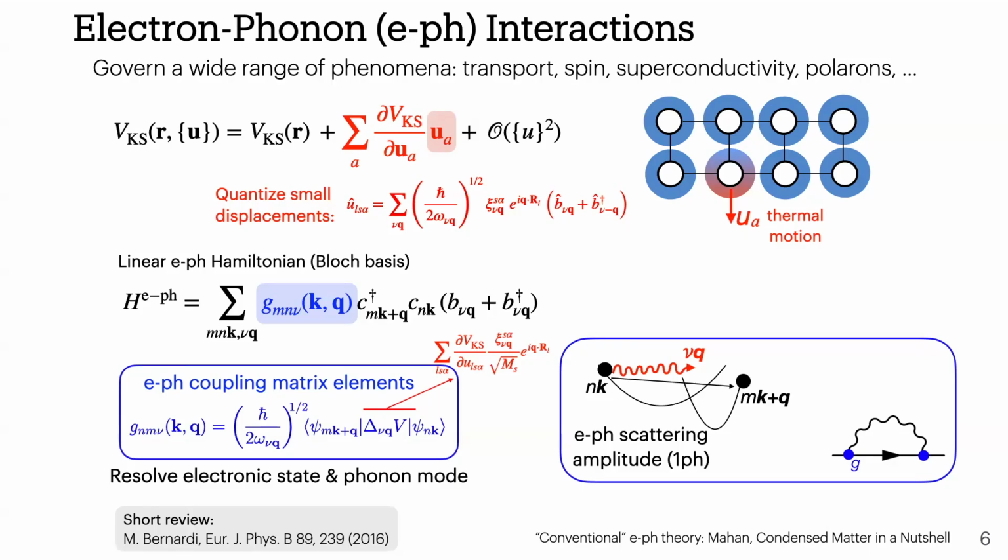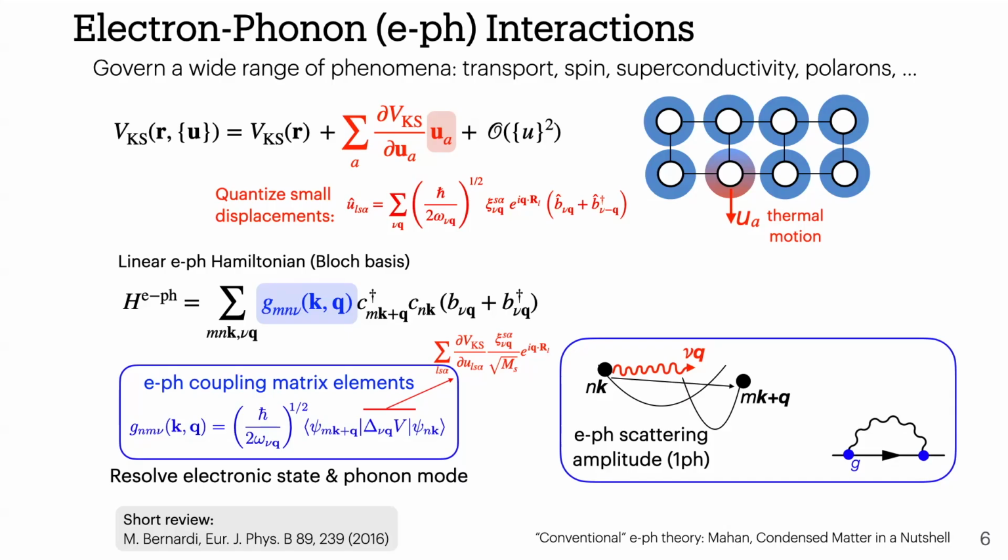Basically, what this tells you is that as a result of the perturbation from the atomic motions, an electron initially in a certain electronic state in band N and crystal momentum K is scattered into a final state in a different band and different crystal momentum.